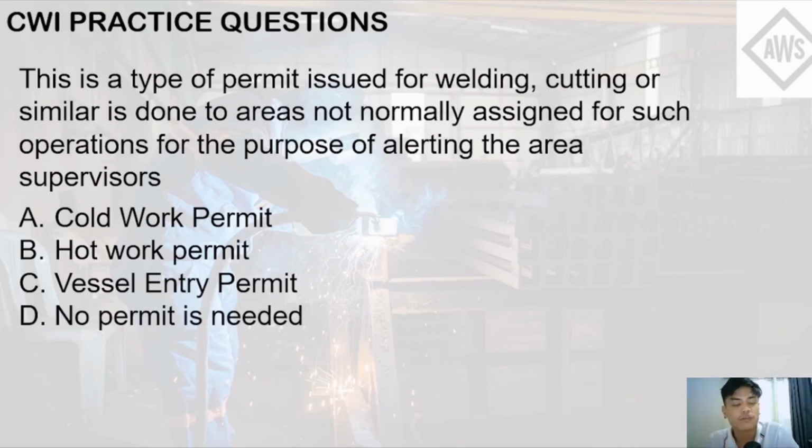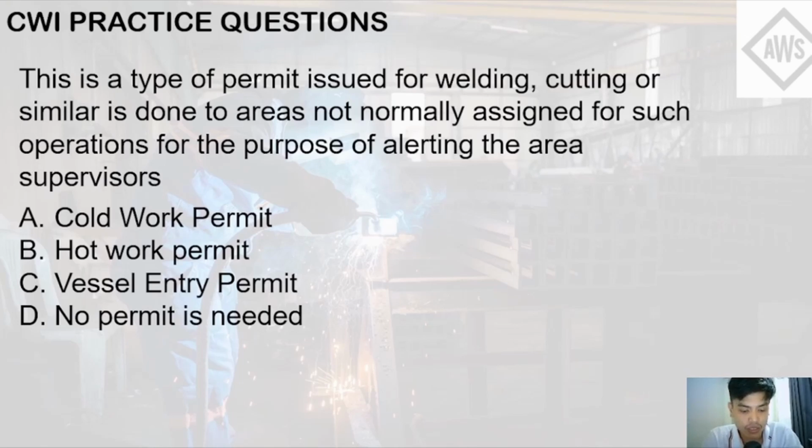So the first choice, cold work permit, is just for a work activity that doesn't produce sparks or doesn't generate any heat. So that's cold work. Hot work is for welding, cutting, using oxyacetylene for example, basically the one that generates fumes or generates heat for that activity.